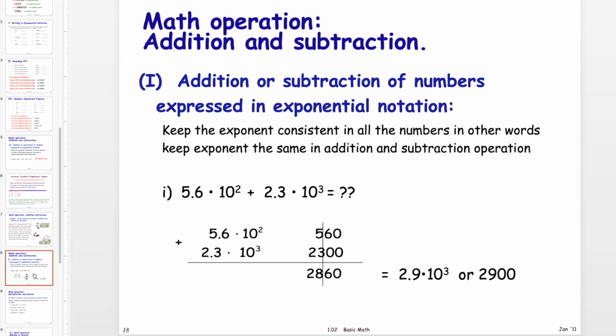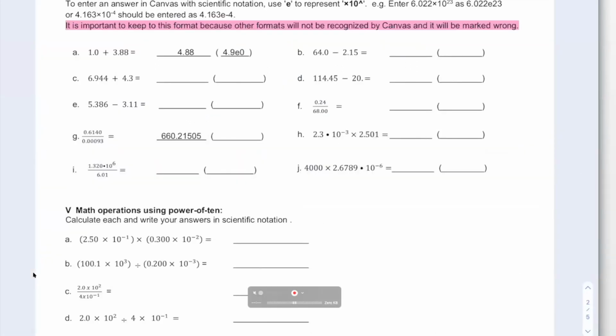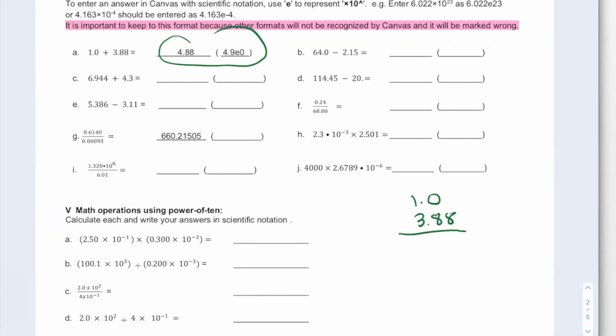You guys can see, if you take this first example right here, you got 1.0 and 3.88. You can see right away that this has an error of plus or minus 0.1, to the 10th of a place. This has an error of plus or minus 0.01 because it's to the 100th of a place.